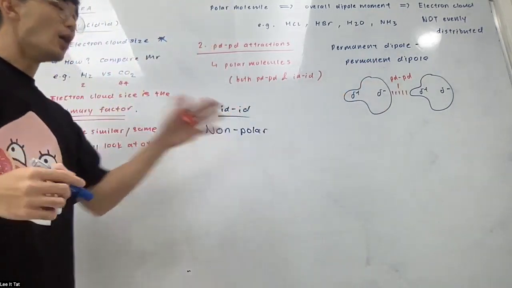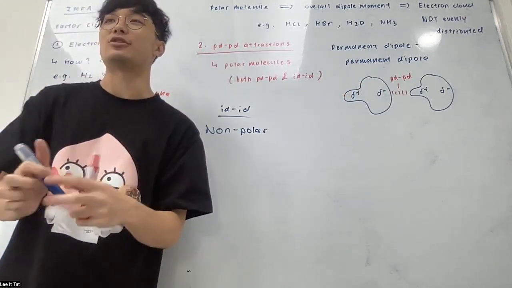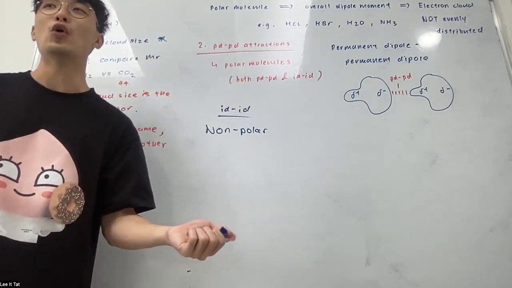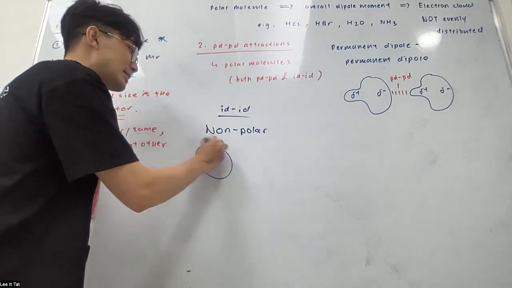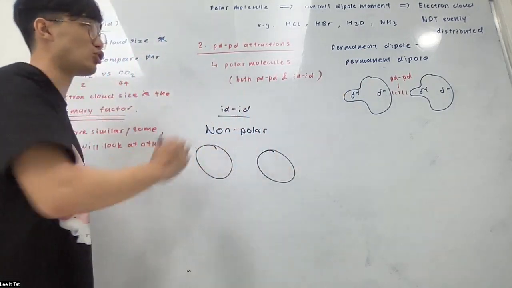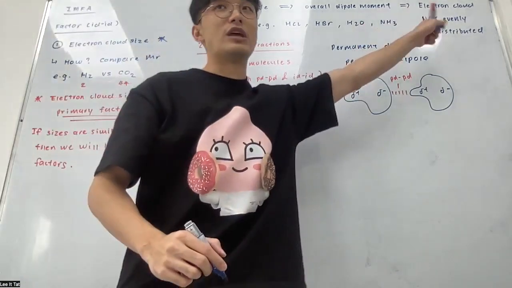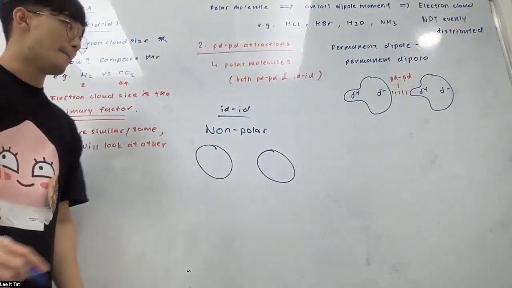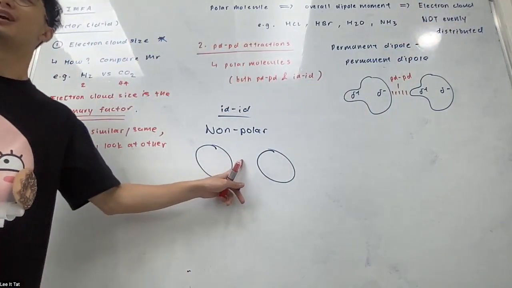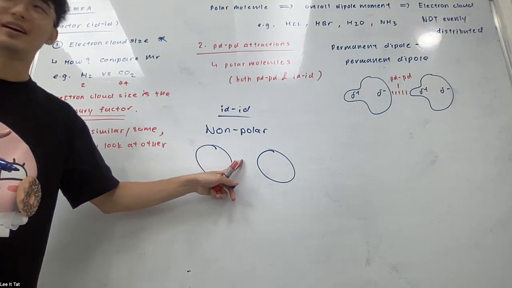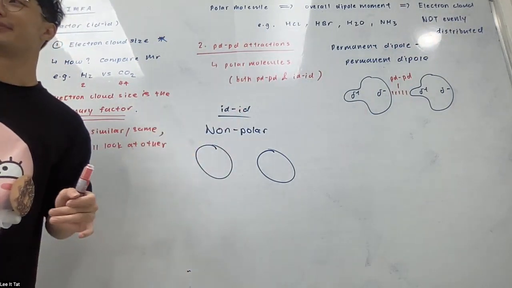No. Non-polar has no difference in electronegativity, so it's a very nicely evenly distributed electron cloud in contrast to this. But it doesn't have interactions now. What happened just now? How do you get the interactions?